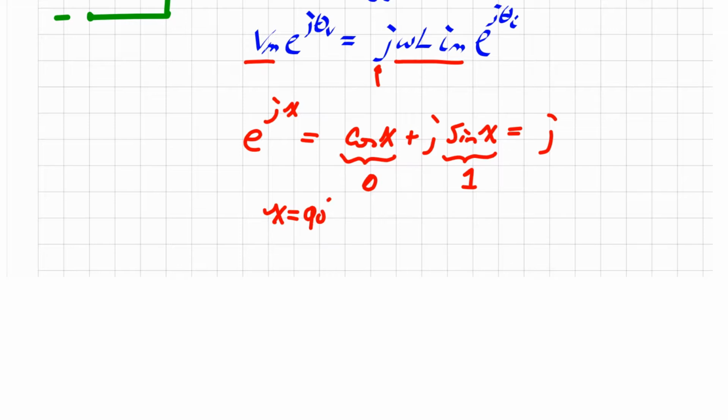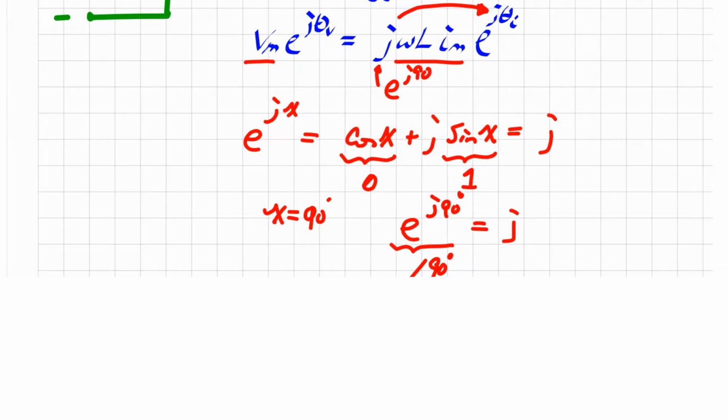That means e to the j 90 degrees, the phasor, is equal to j. So j is 90 degrees in terms of phasor, or e to the j 90. So we're going to combine that j and the exponential function here.